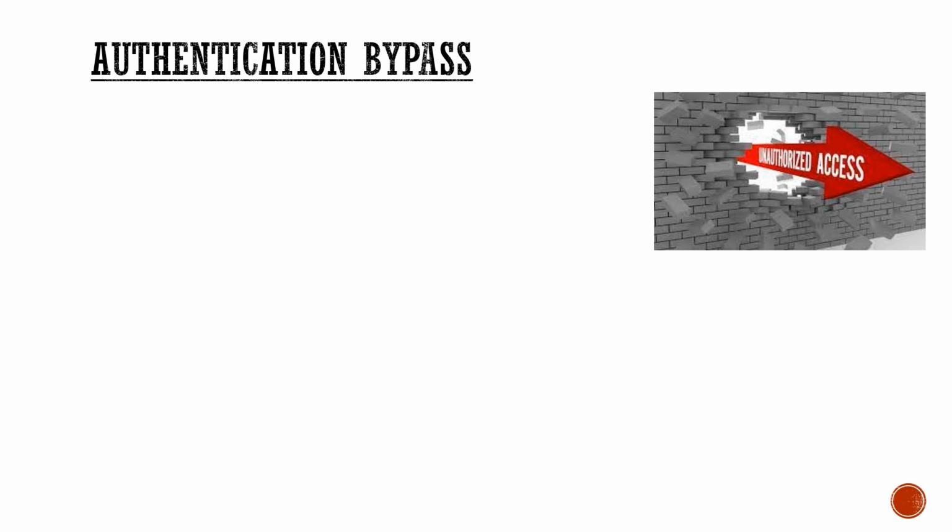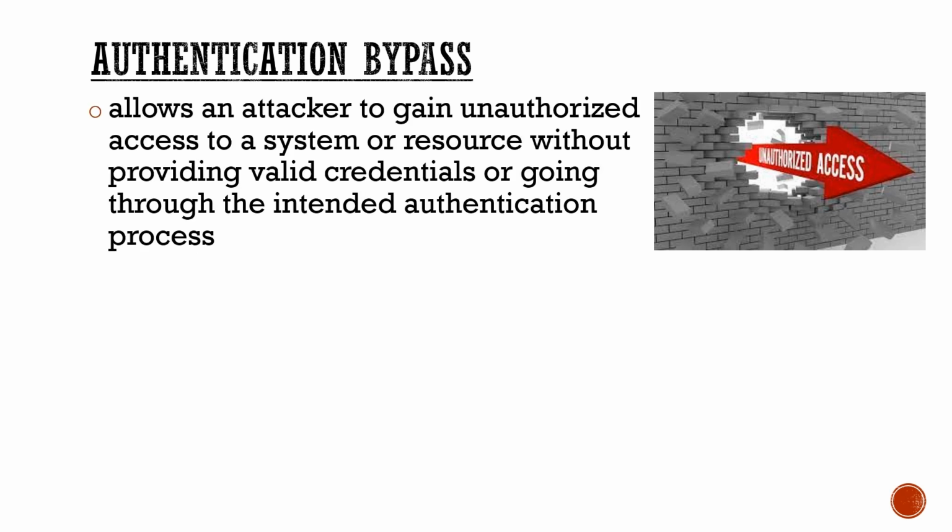Last on the list of our software vulnerabilities is the authentication bypass, which refers to a security vulnerability that allows an attacker to gain unauthorized access to a system or resources without providing valid credentials or going through the intended authentication process.